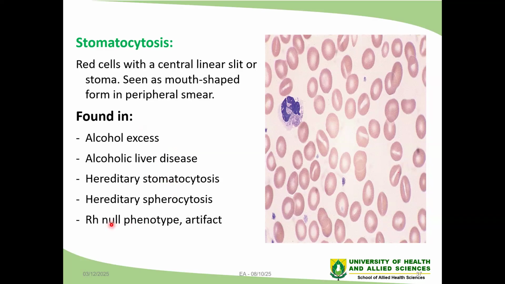We may also find it in some people with the Rh null phenotype, individuals who are not expressing the Rh antigens. And it may also be purely artifactual, as a result of how a sample was handled after it was collected into the preservative.